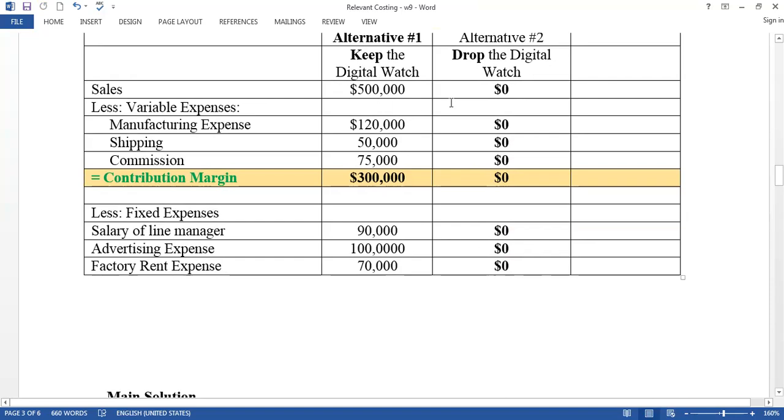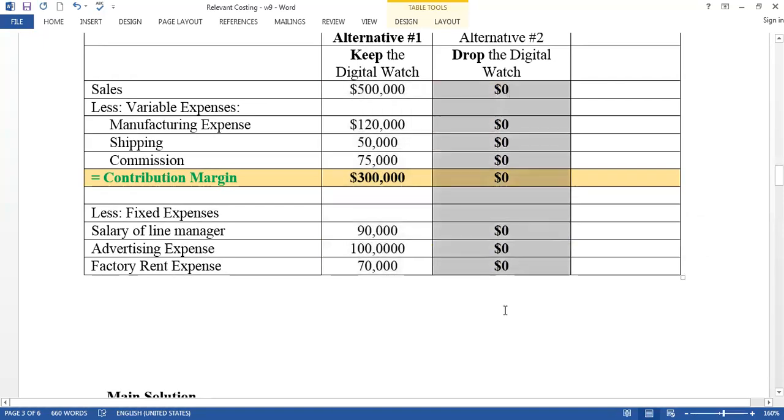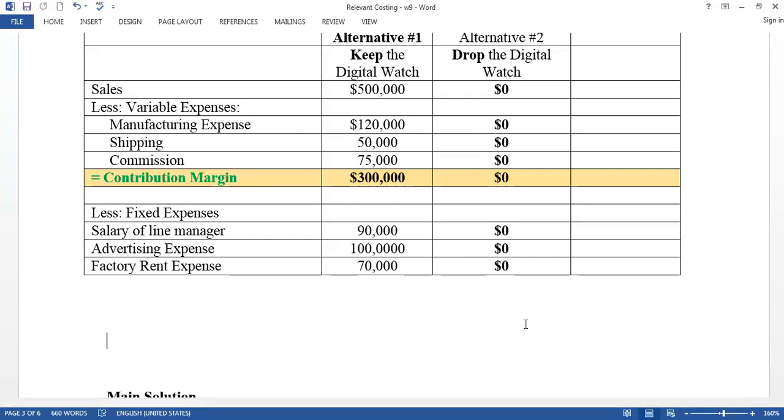So look, this number and this number are not similar, right? As they are not similar, it means that there is a difference. Now you are going to make a decision whether you will keep it or drop it, because we find a difference.